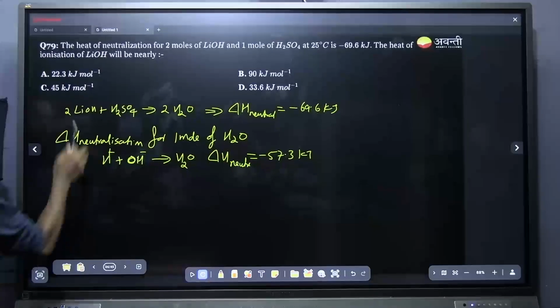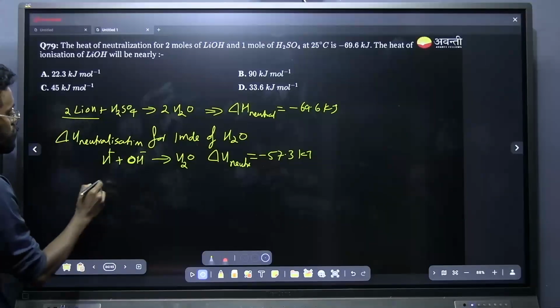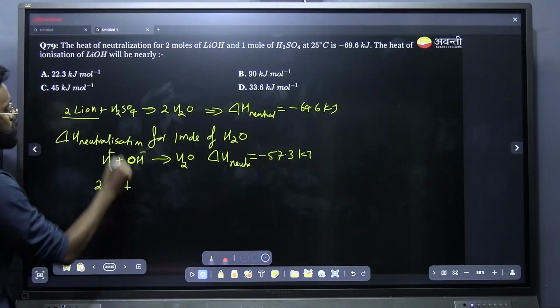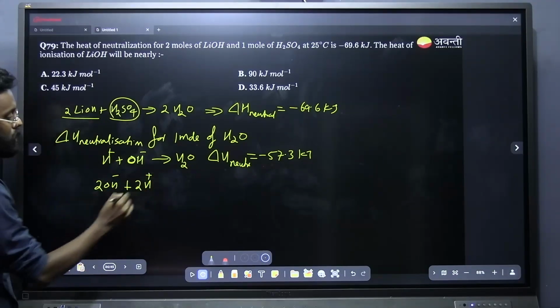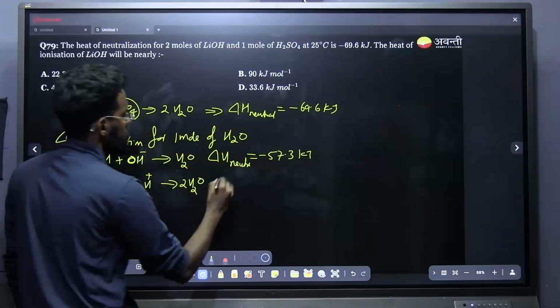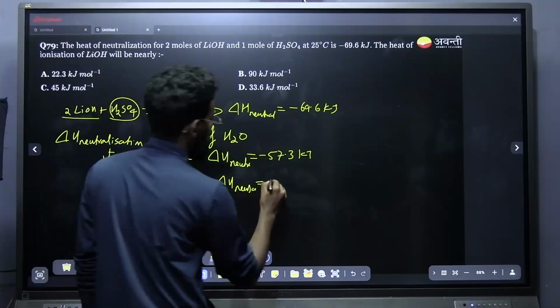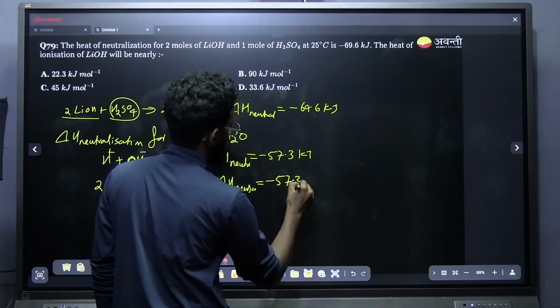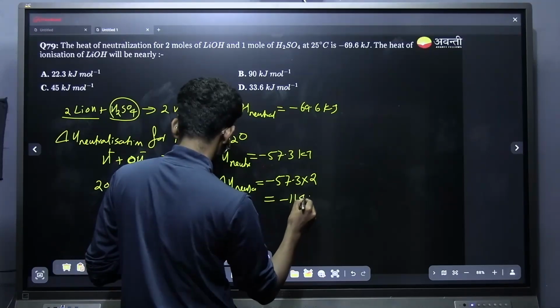And here you can see 2 moles of H plus are there: 2 OH minus plus H2SO4. H2SO4 is having 2 H plus, right? They combine and form 2 H2O. Then according to our experimental evidence, the energy released should be minus 57.3 into 2, that is minus 114.6 kilojoule.